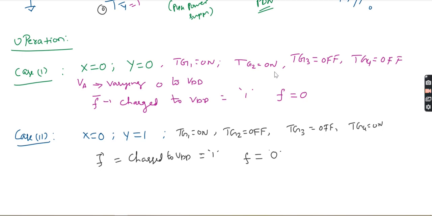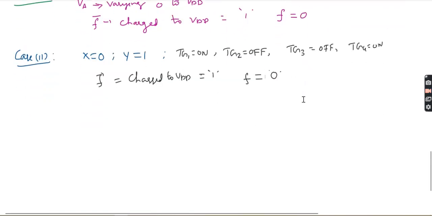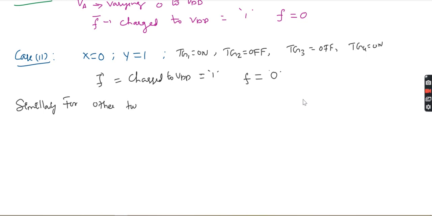Similarly, you have to work out the other two cases: x equal to 1 and y equal to 0, and x equal to 1 and y equal to 1. So you have to check this.